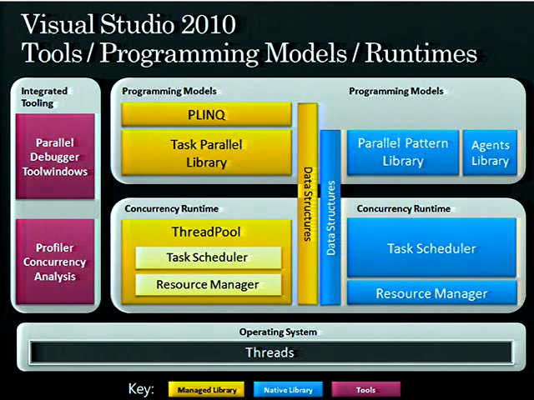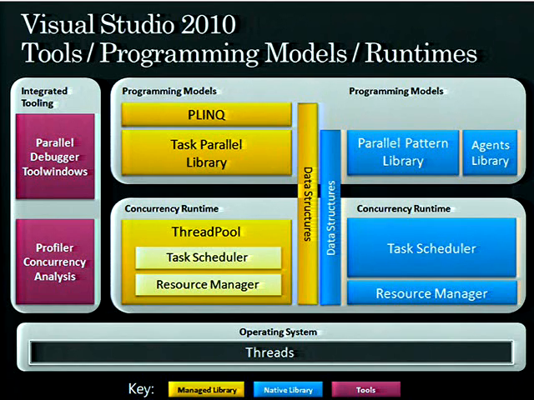For example, you're not seeing on this slide technologies like the CCR, or upcoming IFX and Maestro, or things like incubation technologies in software transaction memory, or maybe things that we do across multiple nodes, HPC, MPI, MPI.NET, technologies like that. I've only included the technologies that we're shipping out of the box with Visual Studio 2010. And I'm not going to cover all of them in this session. We just don't have the time.